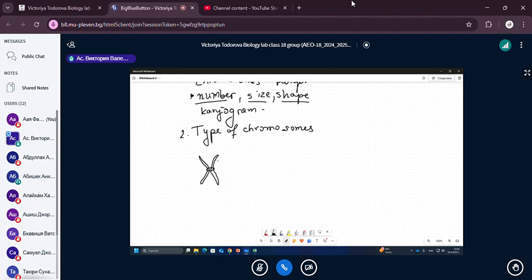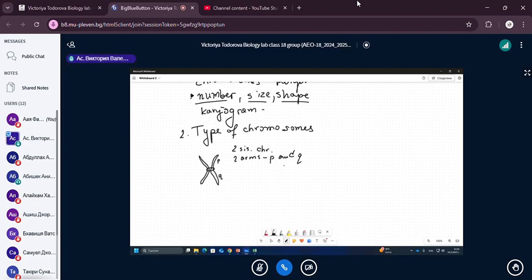This arm here we mark with P, and this one with Q. So here we have two sister chromatids with two arms, P and Q.